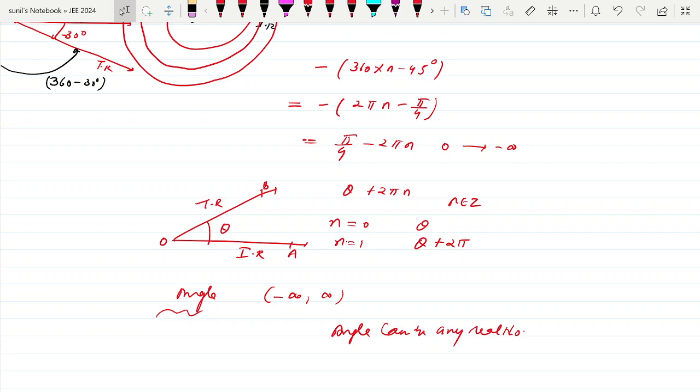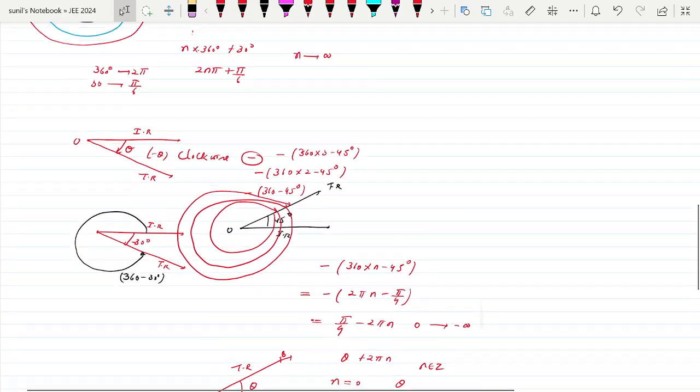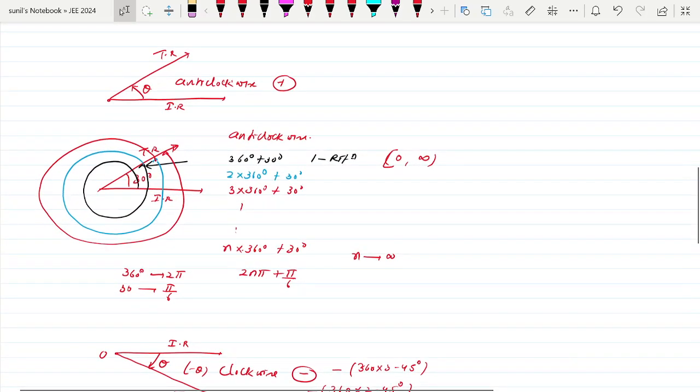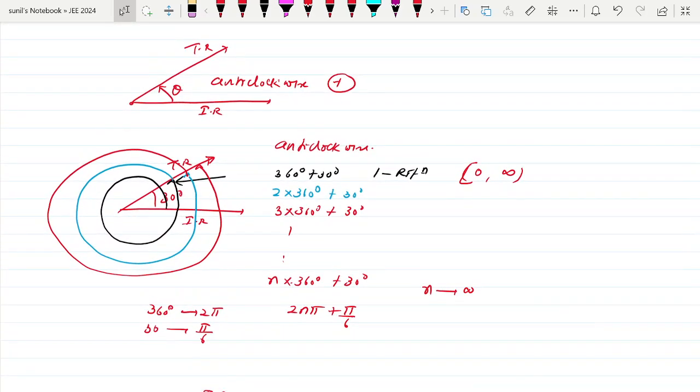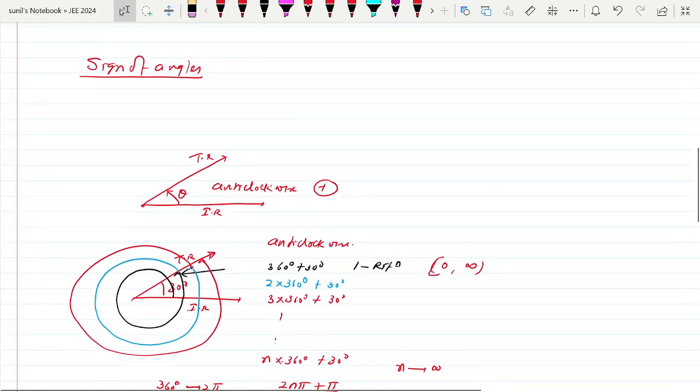So that is why we study angle in radian, because in trigonometry the angle can be any real number. So I hope this video will help you to understand the sign of the angles and how to measure the angles. So in trigonometry the angle can go up to infinity.